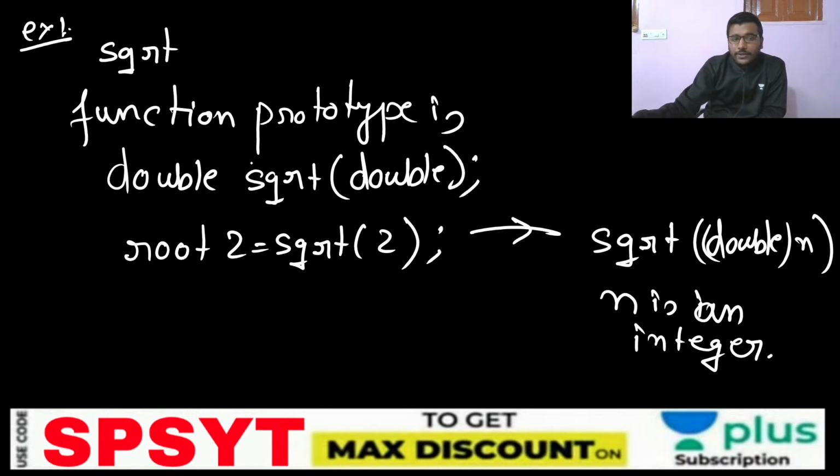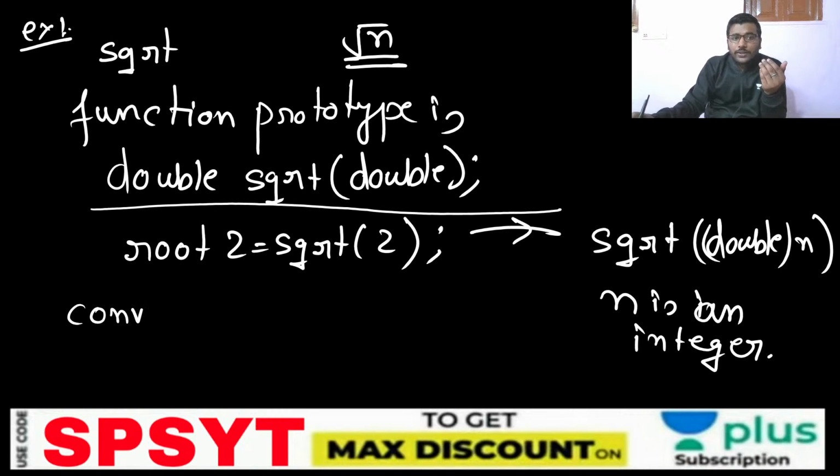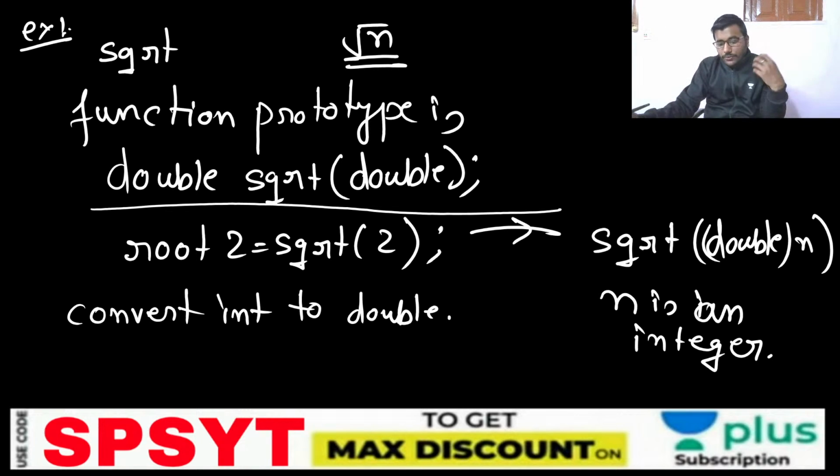If you are calling this square root function on an int, it will do the type conversion and convert this int to double.